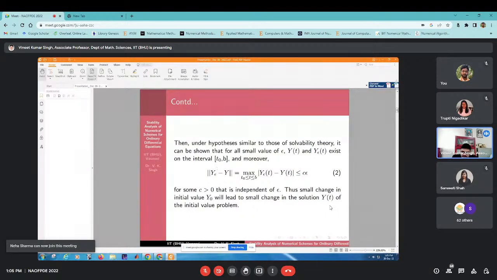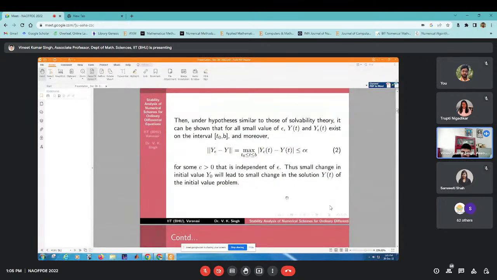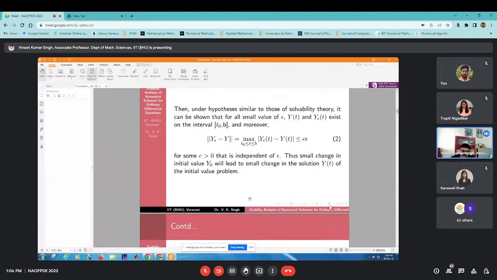If the difference is less than some C epsilon, where epsilon is very small, then the error between the closed form solution and the perturbed solution is small, and we say that the solution is stable. Solutions should not deviate much from the original solution whenever you perturb.